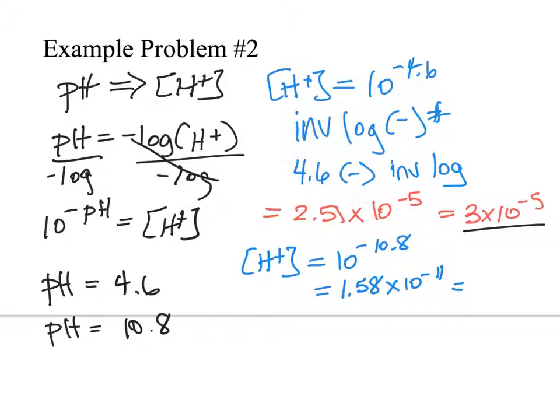So going back to my pH, I have one place to the right of the decimal. And that would give me one significant figure. So this would round to 2 times 10 to the negative 11th.